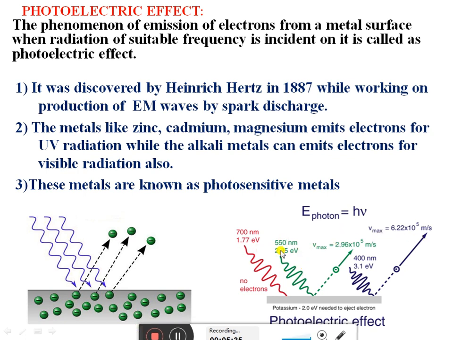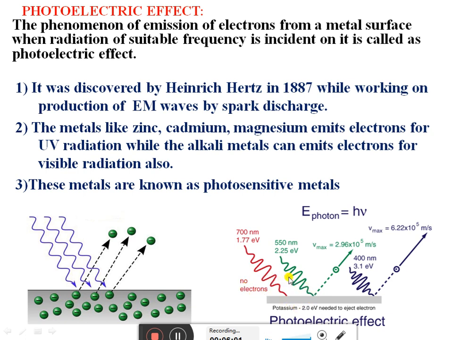If you observe here carefully, this is red light of wavelength 700 nanometer or 7000 angstrom unit. Using the relation E equal to h nu or hc by lambda, we can find the energy of the photon. It is equal to 1.77 electron volt, and for this light there is no photoelectric emission from this potassium.